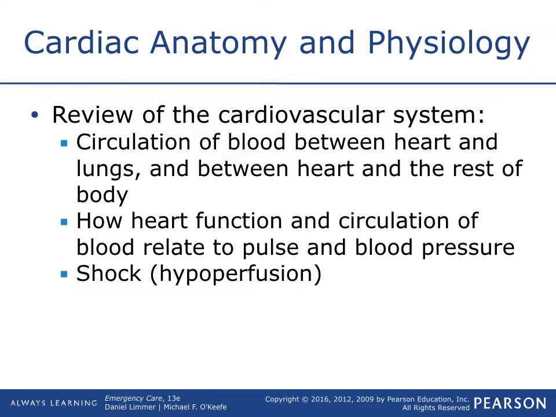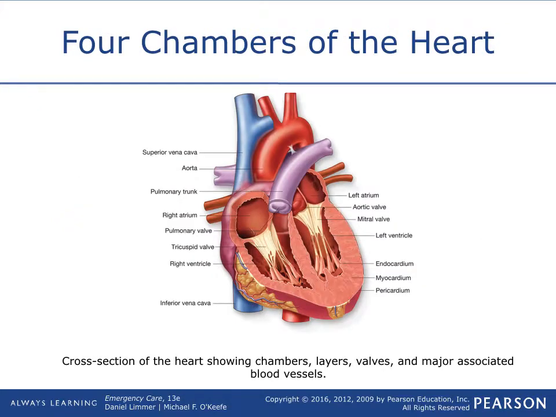Review the cardiovascular system, the circulation of blood between the heart and lungs and between the heart and the rest of the body. When you look at this picture, like we said, the artery pumps oxygenated blood away from the heart. Veins bring oxygen-poor blood back to the heart, except for the pulmonary vein.